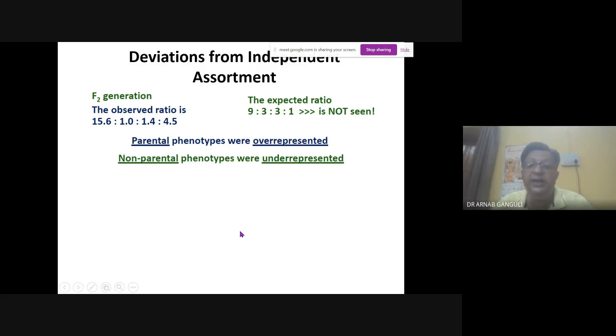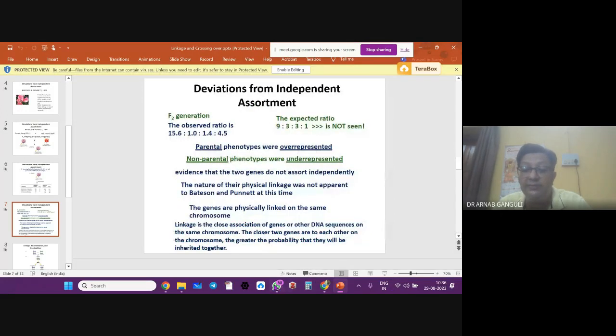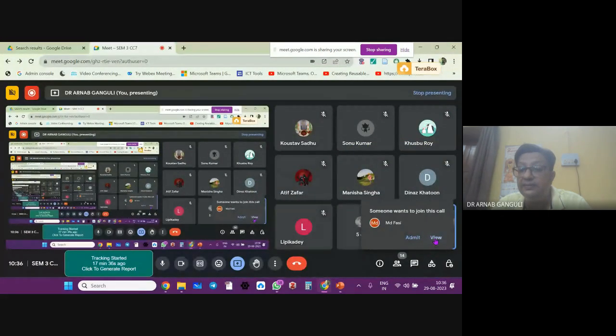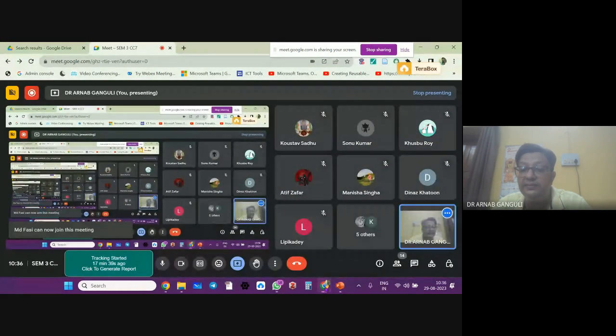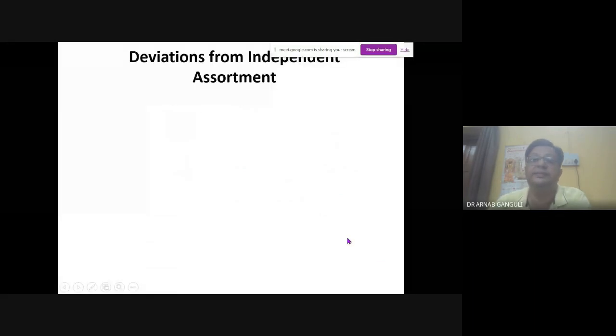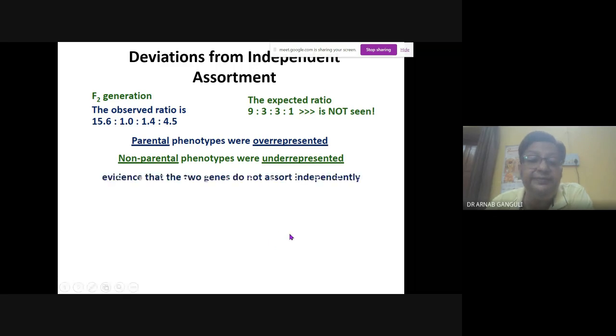Non-parental phenotypes were underrepresented. That is, the new combinations, this 1 and 1.4, were underrepresented. So this was the evidence that the two genes do not assort independently.